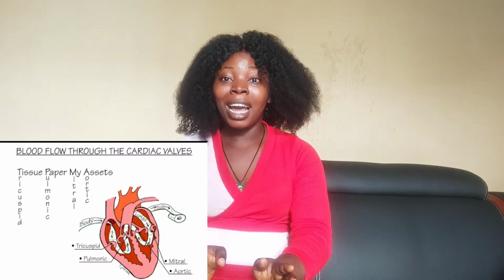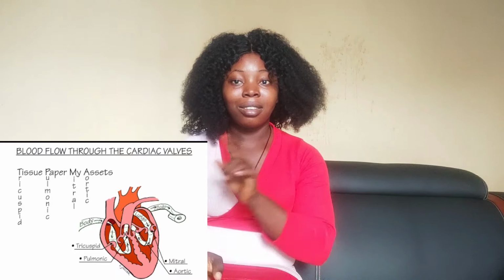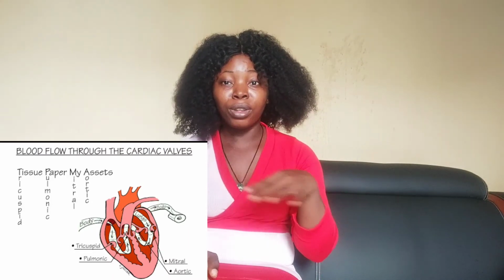Okay, blood flow through the heart. The acronym for the blood flow through the heart is TPMA: tissue, paper, my, asset. See it on the screen. So tissue stands for the tricuspid valve, that is the blood going through the right atrioventricular valve. Vita here has just explained that to us.